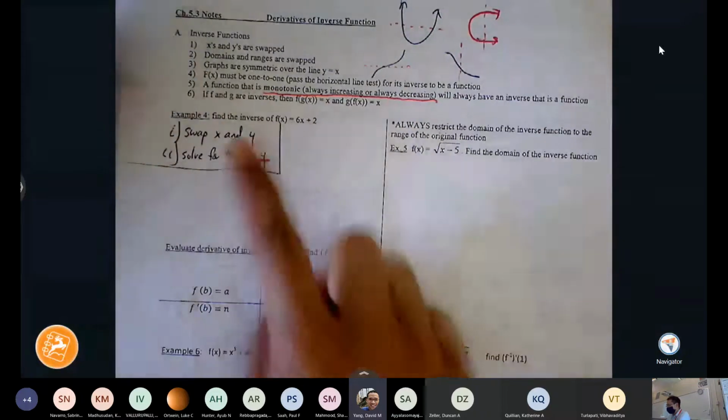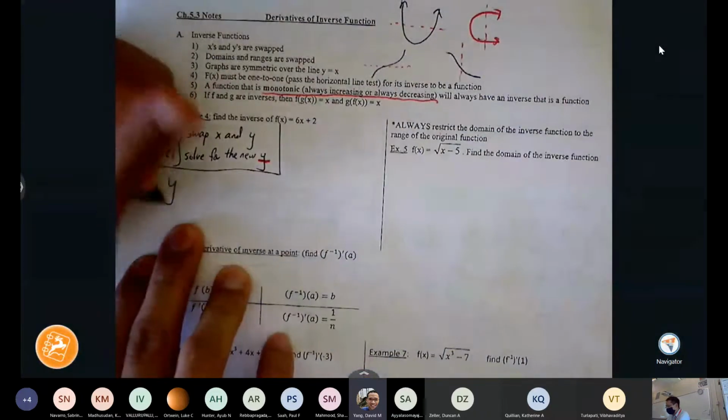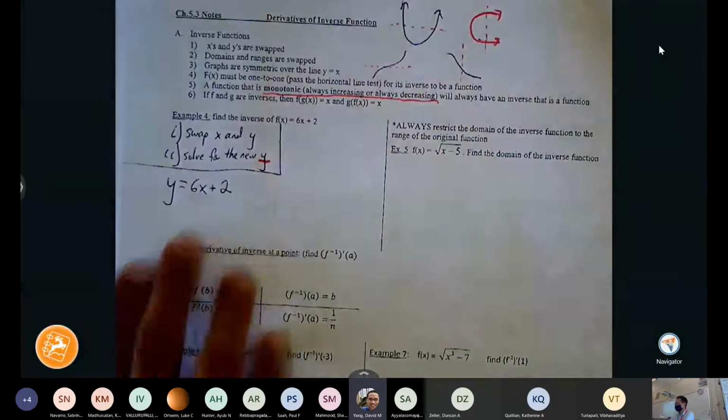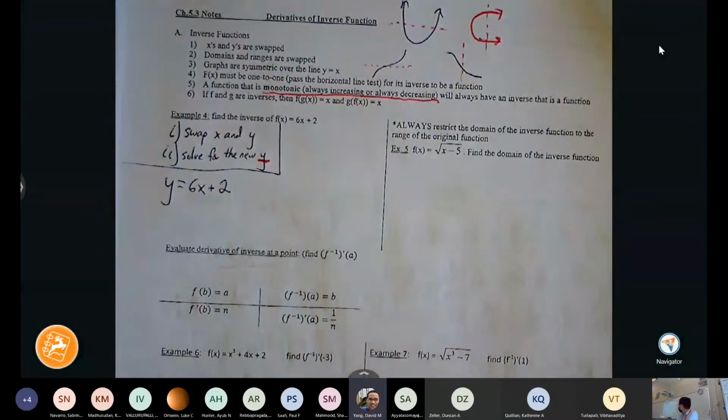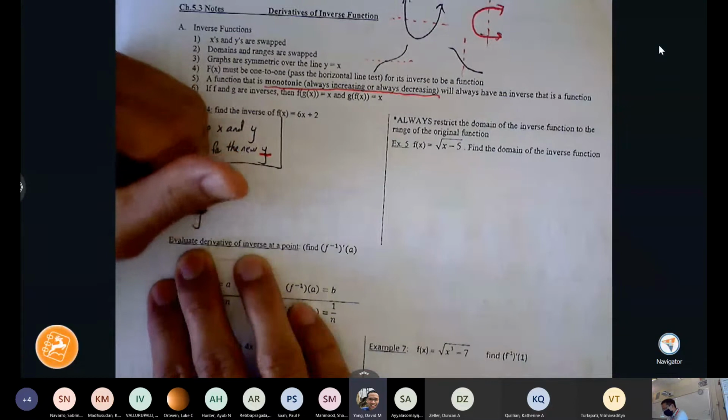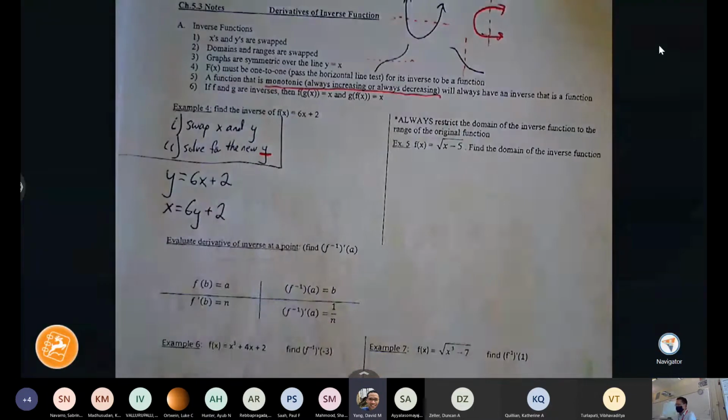Okay, so let's practice finding the inverse of a function. So f of x is the same thing as y, right? So I can say y is equal to 6x plus 2. That's my starting equation. So if I were to swap the x and y, what would that look like? x is equal to 6y plus 2. Now, when you swap your x and y, you're not going to move anything else.